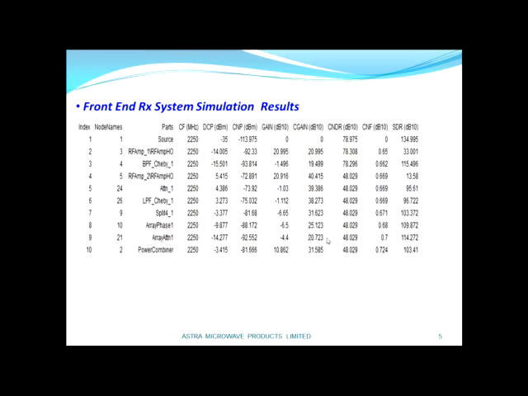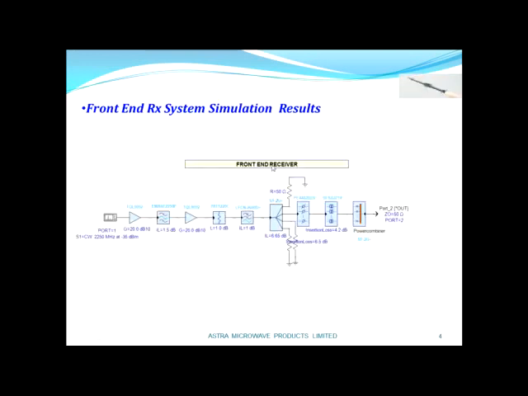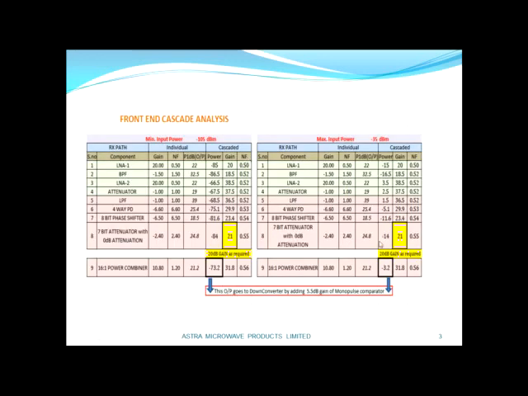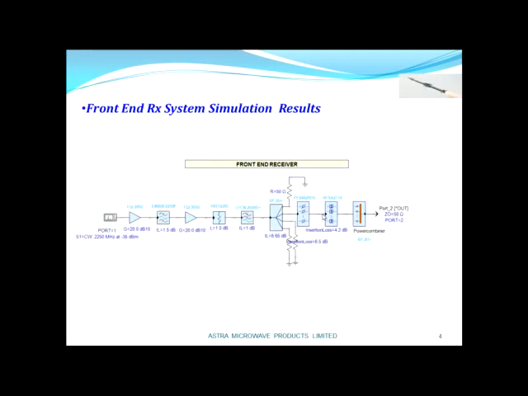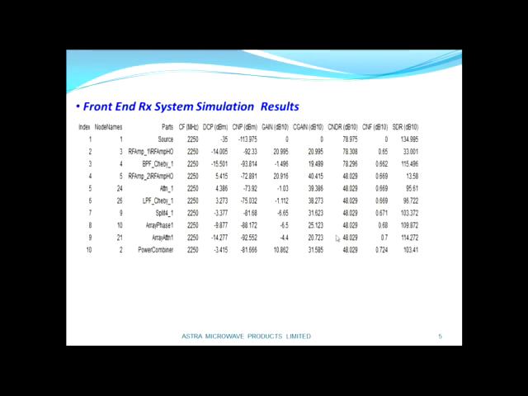We are expecting a maximum of 21 dB as per the requirement, and I got 20.7 with our ADS system view, whereas the cascaded calculation gives 21 dB. So there is not much variation, and the overall cascaded gain including the power combiner is 31.5. We need around 31 to 32 dB, so that is okay.